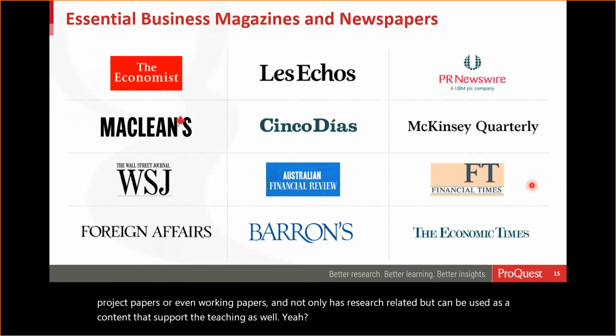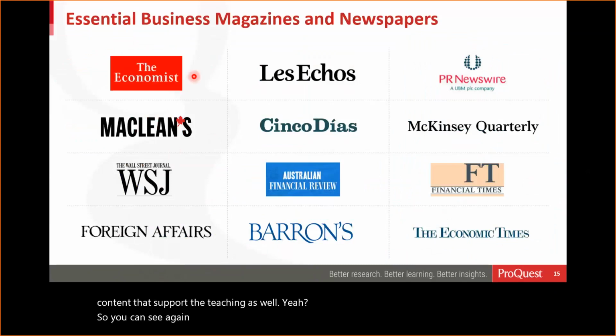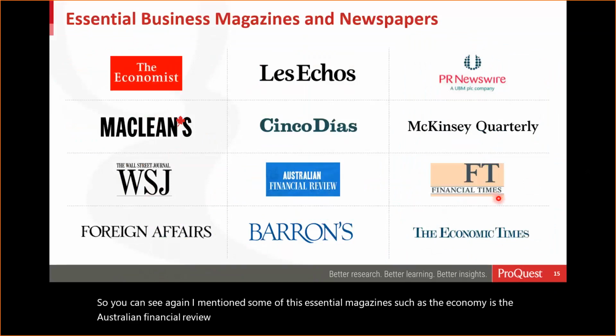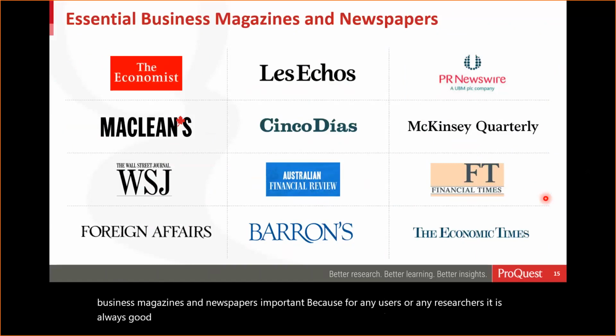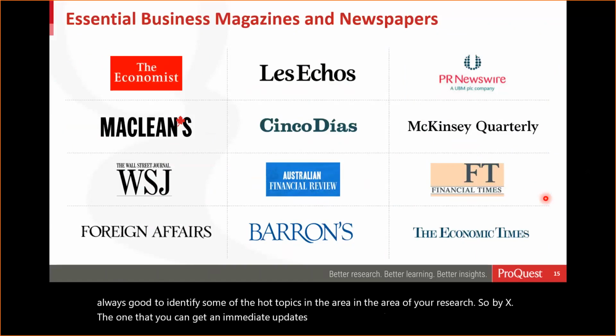So you can see, again, I mentioned some of these essential magazines such as The Economist, the Australian Financial Review, Wall Street Journal, Financial Times. Why is access to these business magazines and newspapers important? Because for any users or researchers, it is always good to identify some of the hot topics in the area of your research. One way you can get an immediate update is through magazines and newspapers.